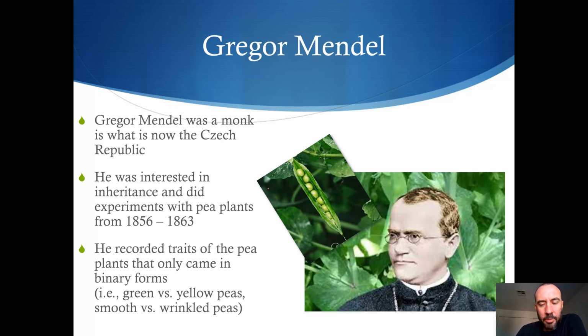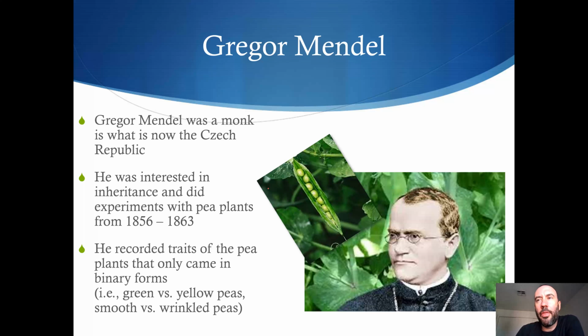So he did these experiments with pea plants between 1856 and 1863. And why was he experimenting with pea plants? Because he wanted to understand inheritance. No one really knew how inheritance worked. They knew that you shared some traits with your mom, you shared some traits with your dad, you look like a mix of the two.